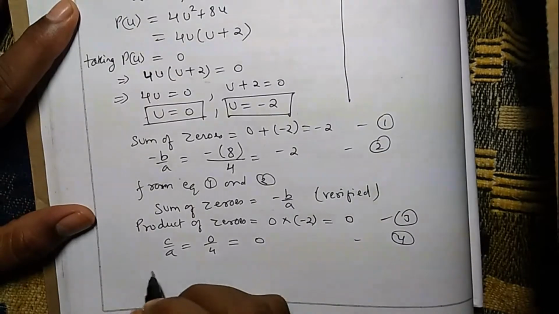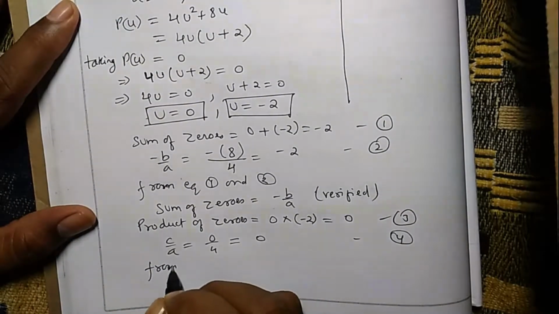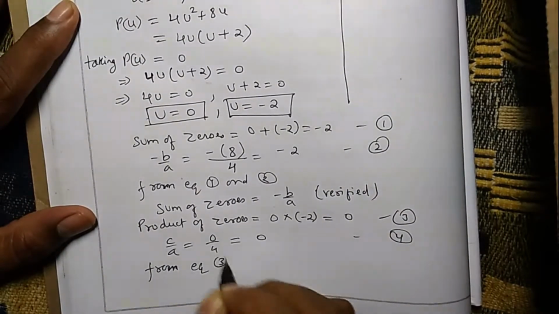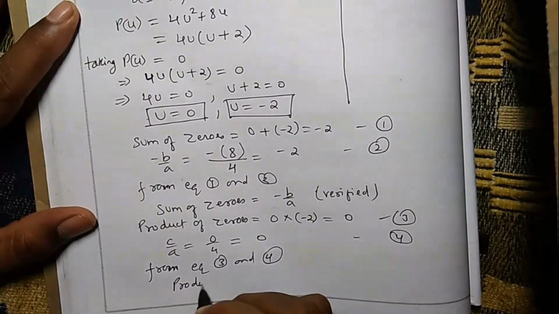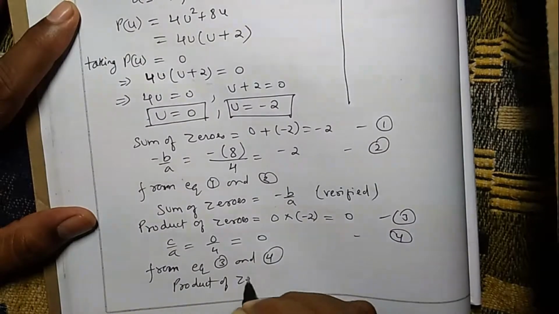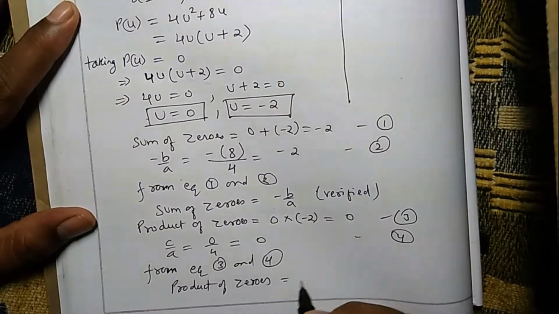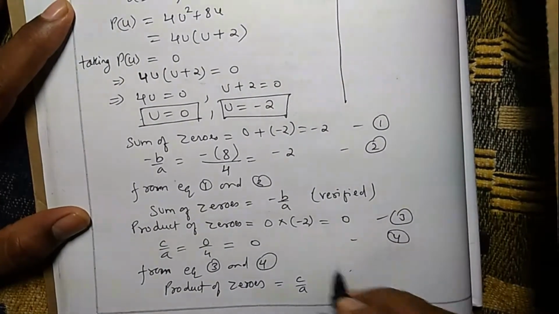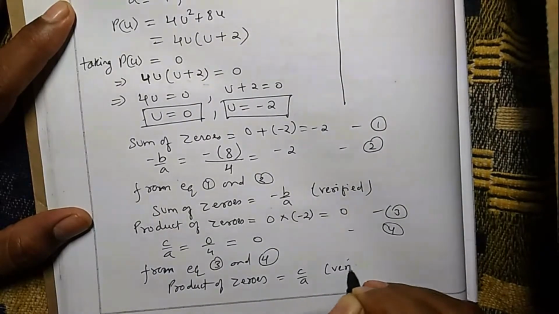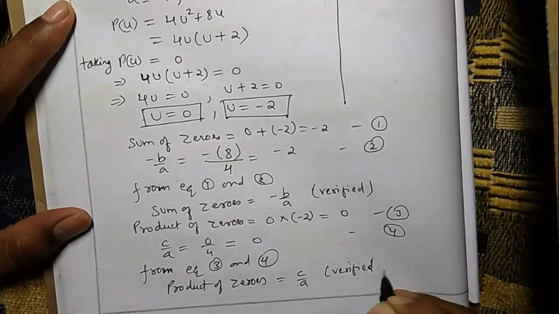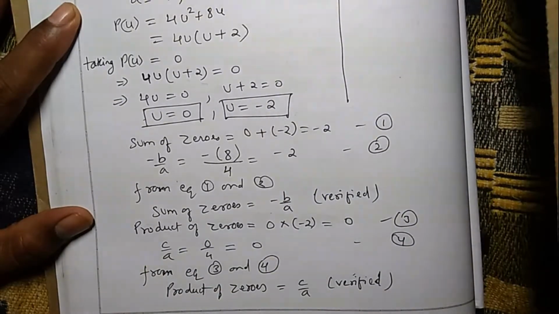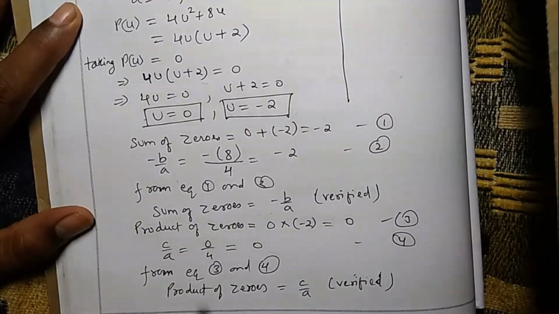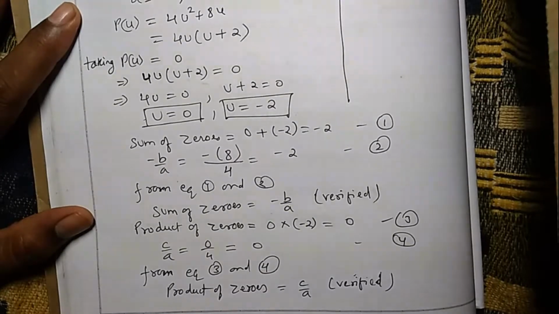So you can write from equation 3 and 4, product of zeros equal to c upon a. This is also verified. So we have verified both the relationships, that is sum of the zeros equal to minus b upon a and product of zeros equal to c upon a, which was to be verified.